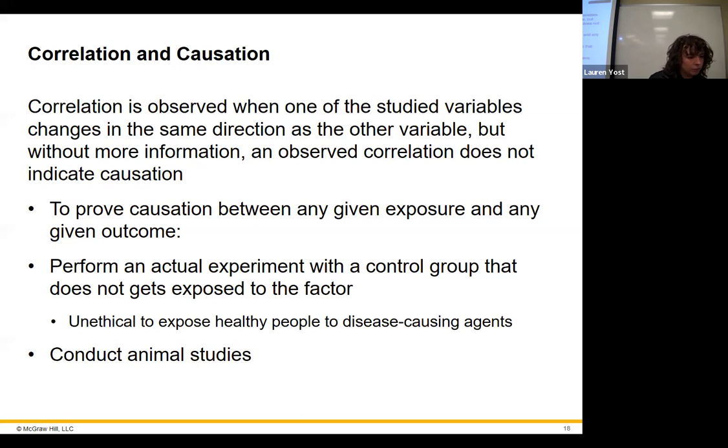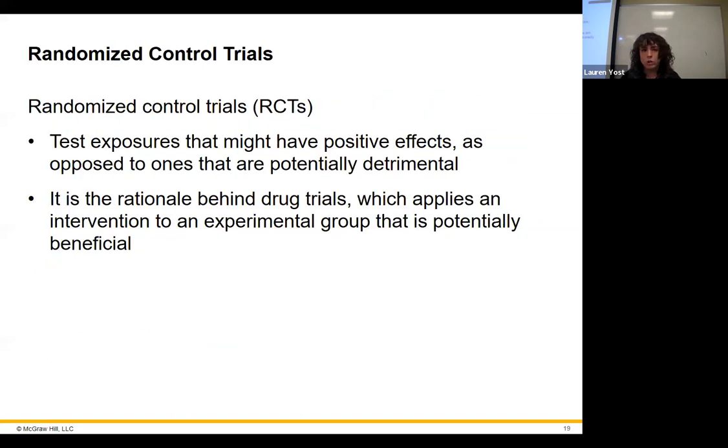But anyways, we can perform experiments, of course we can, to try to determine what's going on. We have these randomized control trials that are very much related to what you would see with drug trials. Typically you're going to have an experimental group and a control group, right? The control group gets the placebo and the experimental group gets the drug, and neither the doctors nor the patients know who is getting what.